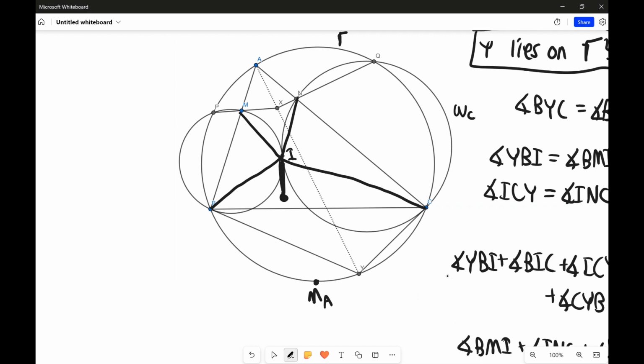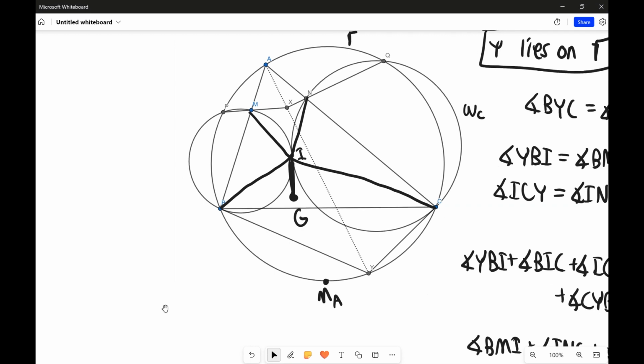We set G to be a point on this external tangent. Then we have directed angle GIB is equal to directed angle IMB. And reversing the angles, we get directed angle BIG is equal to directed angle BMI.